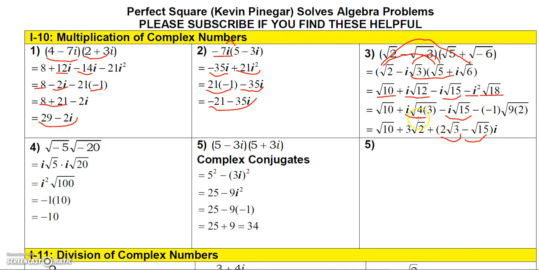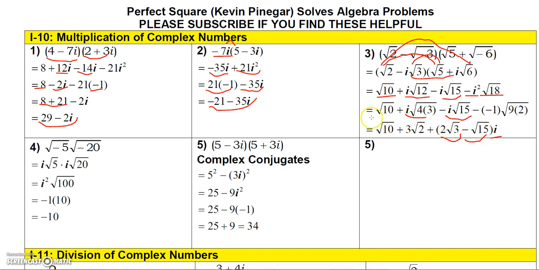So what I'm doing is I'm combining my two terms that have i in them. So this would be 2i square root of 3, and this would be minus i times square root of 15, but if you factor the i out, then you just get 2 square root of 3 minus square root of 15 times i.